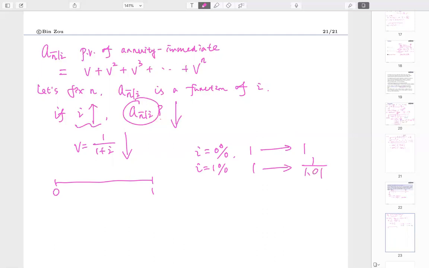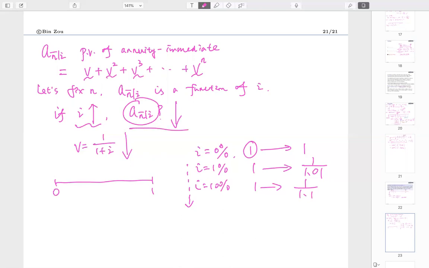It's very close to 1, but less than 1. So if i is 10%, this is 1 divided by 1.1, right? So as you can see, when i becomes bigger and bigger, the present value of $1 becomes smaller and smaller. So in this case, all of them become smaller. So the present value will become smaller.